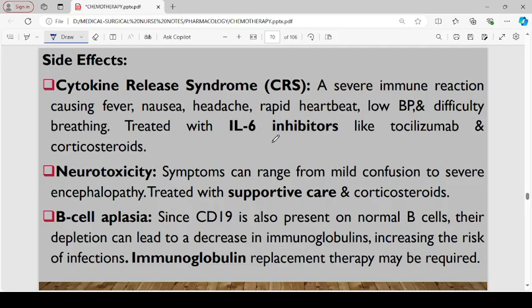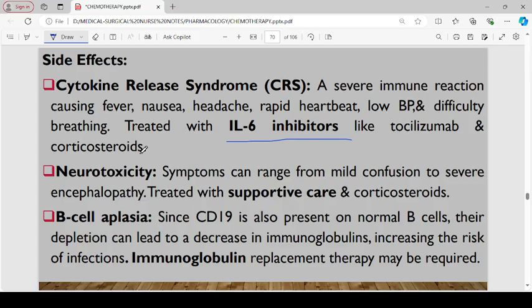Side effects: we have cytokine release syndrome, which is a severe immune reaction causing fever, nausea, headache, rapid heartbeat, low BP, and difficult breathing, and you normally treat this by giving interleukin-6 inhibitors like tocilizumab and corticosteroids.